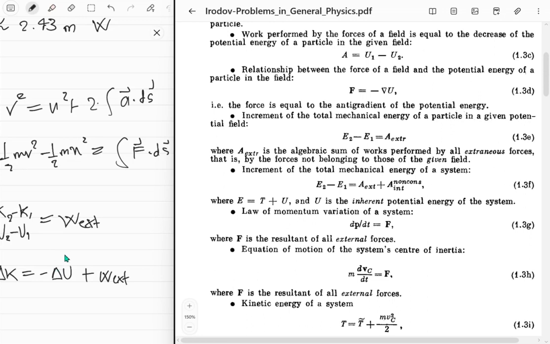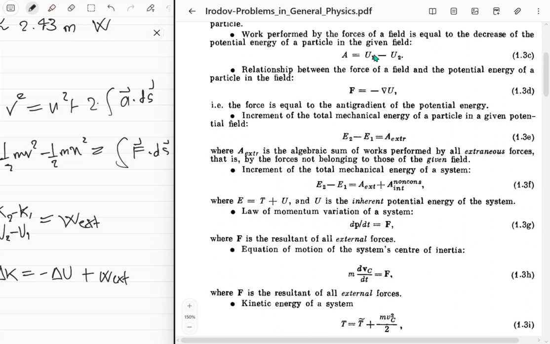Now over here you just have delta. Okay, this is wrong, how can that be correct? I mean, over here U1 should be bigger so that the work is positive. It has to have a negative. They wrote an incorrect equation. Right, how can this be?